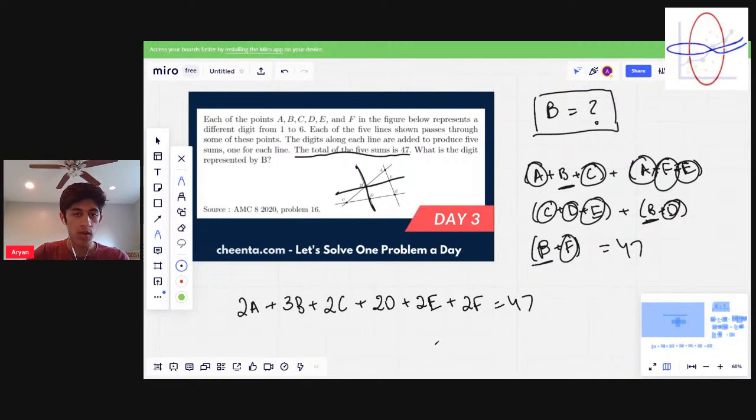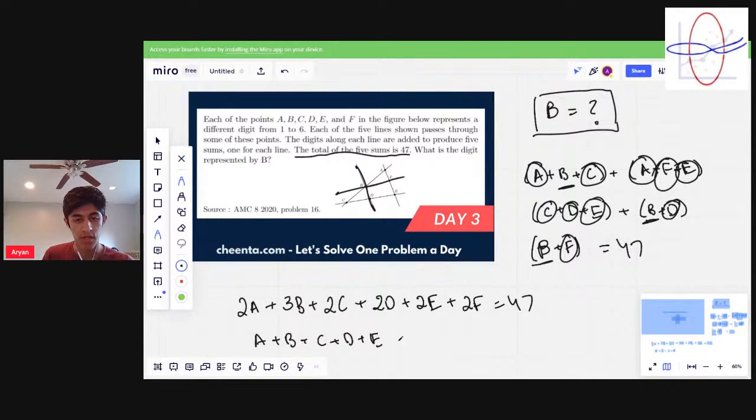Now we also know that each of the variables A through F represents a digit from 1 through 6. So right now we don't know which digit is which letter, but we know that in total, if we were to add up A plus B plus C plus D plus E plus F, that would be just the sum of the digits from 1 to 6.